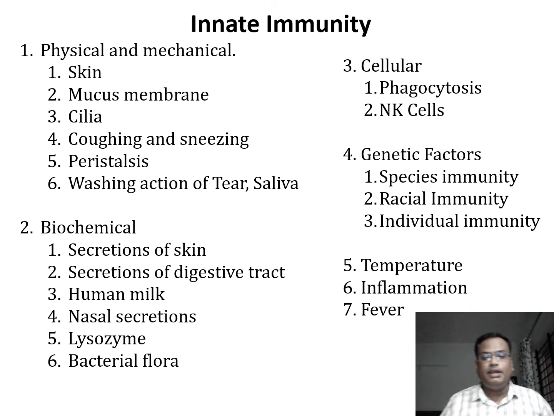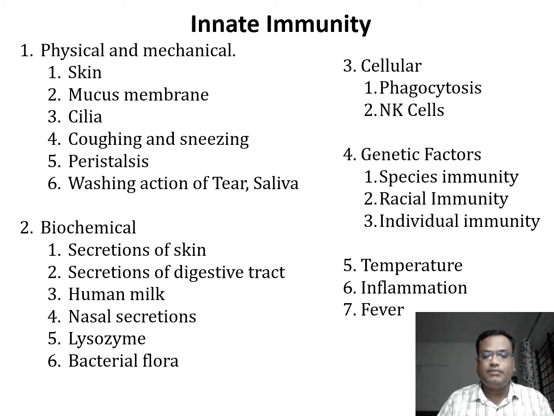Coughing and sneezing behavior is aimed to remove the pathogen from the respiratory system. And peristalsis, okay, reverse peristalsis causes vomiting. Whenever some unwanted or harmful substance enters your digestive system, we are going to vomit. So vomiting is the result of reverse peristalsis.